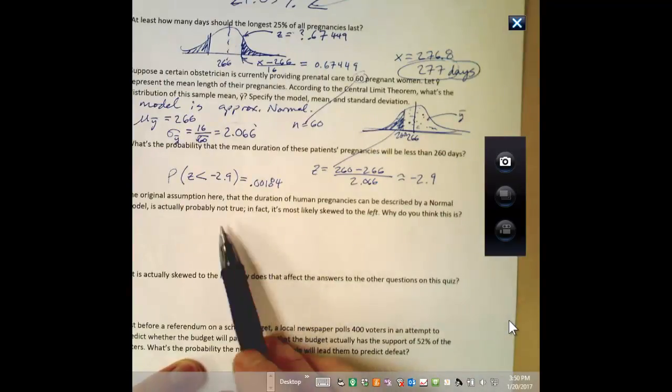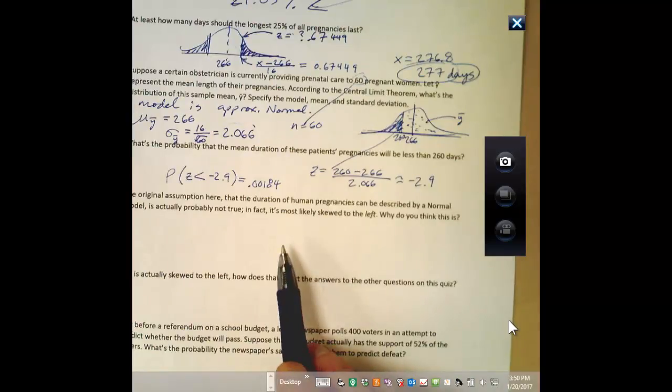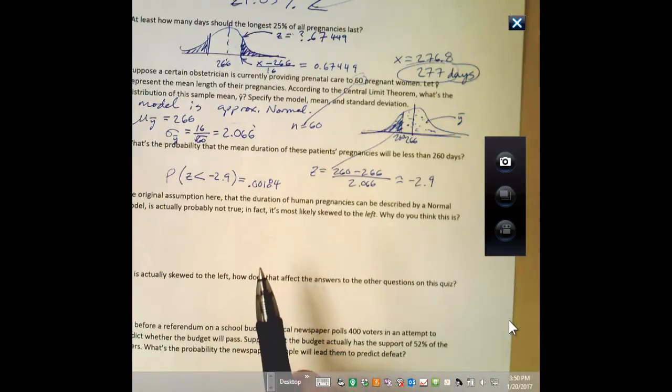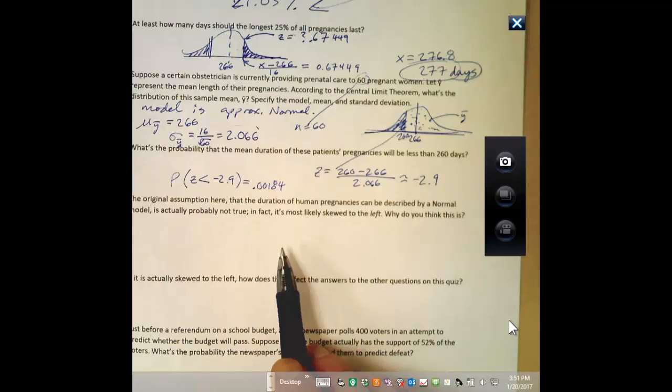All right, now, the original assumption, that the duration of human pregnancies can be described by a normal model, is actually probably not true. In fact, it's most likely skewed to the left. Why do you think this is? A couple of you had a good thing to say here, and that was, okay, well, plenty of women have premature deliveries, but it's very unlikely for the delivery to be just as delayed as it could be premature.